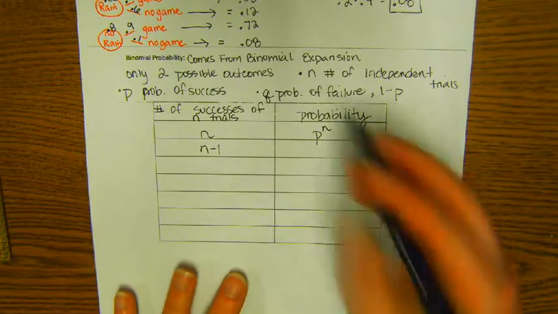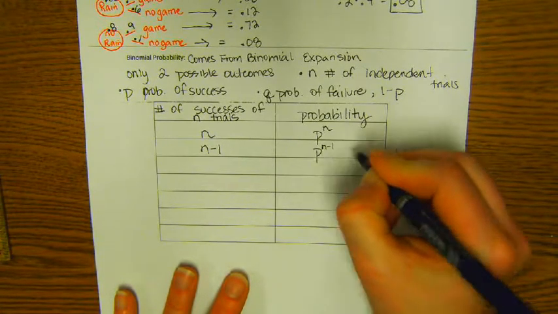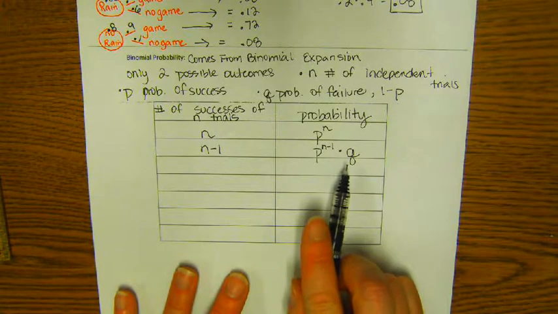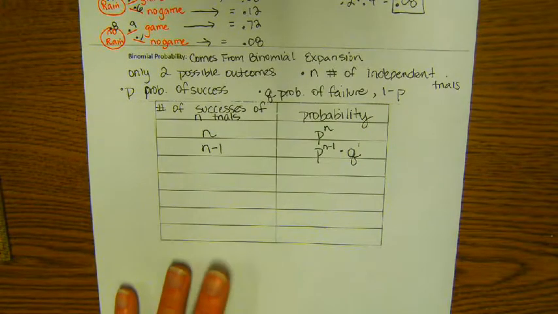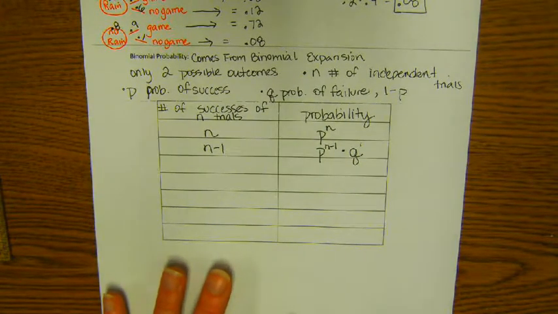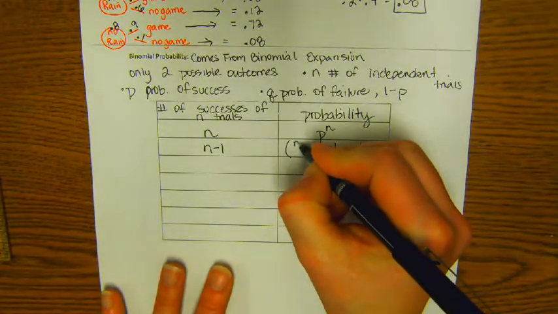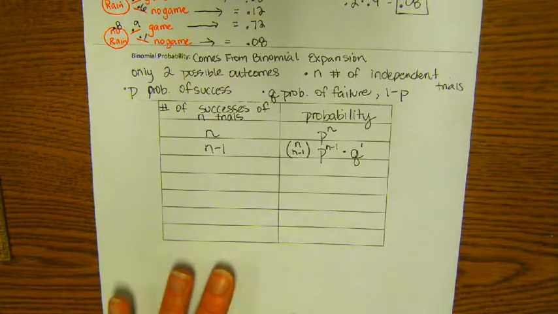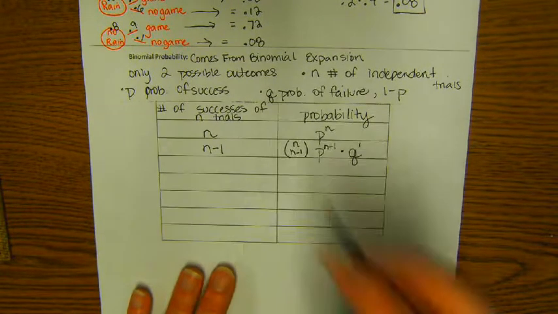So you still have your P, you raise it to the n minus 1 power, but now you have to write down the probability of a failure and raise it to the first power. And then I have to count the ways that can happen, because there's a lot of different ways that I can miss one shot. The way that I count that is a combination. So I'm going to put that long parentheses in front.